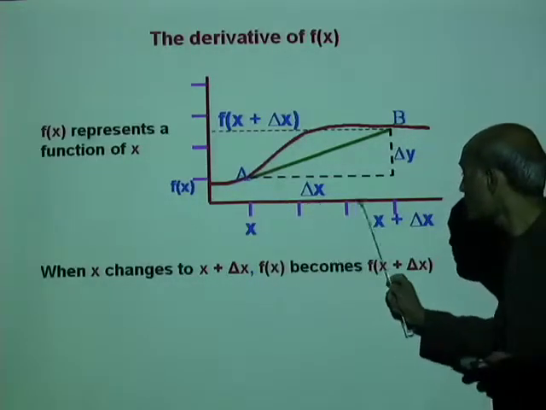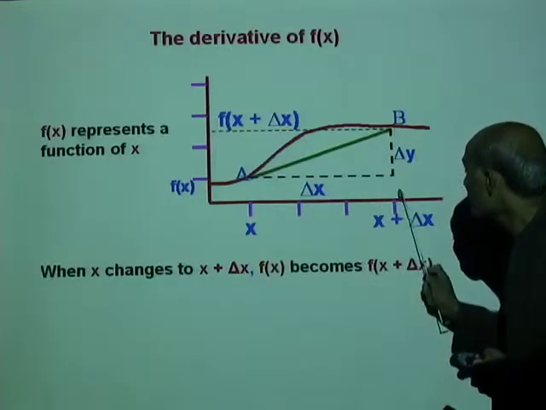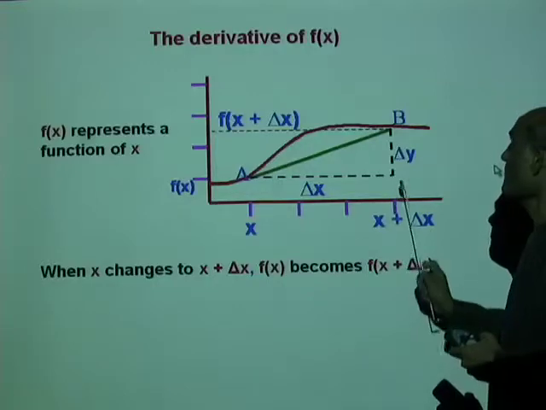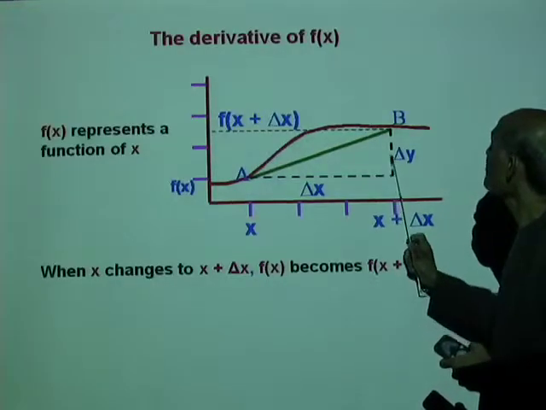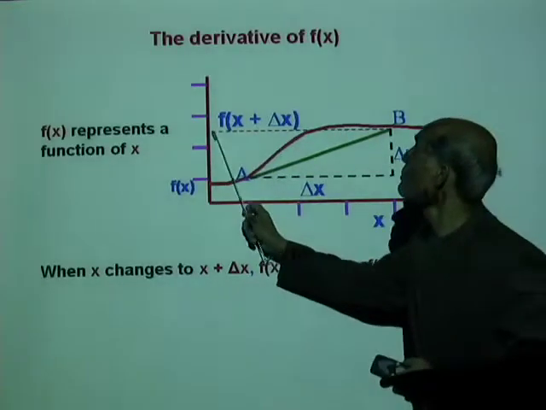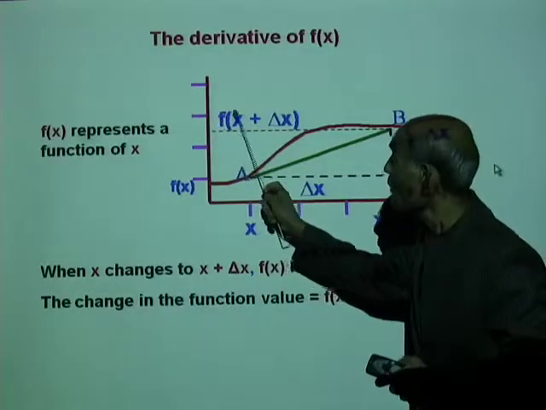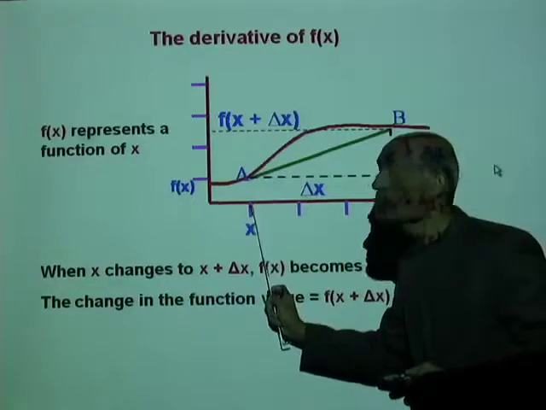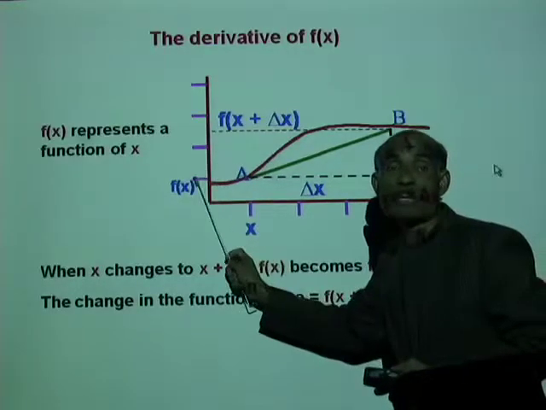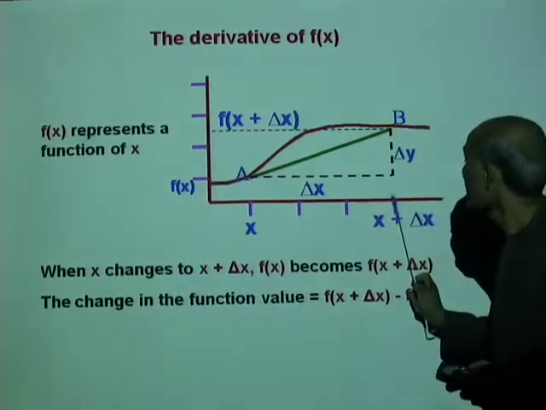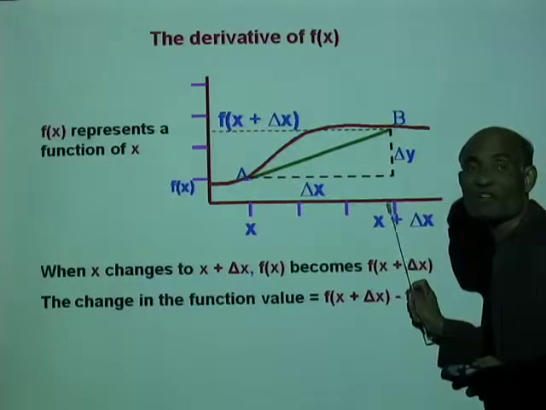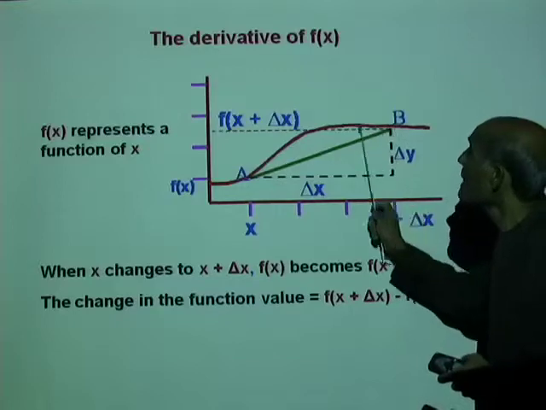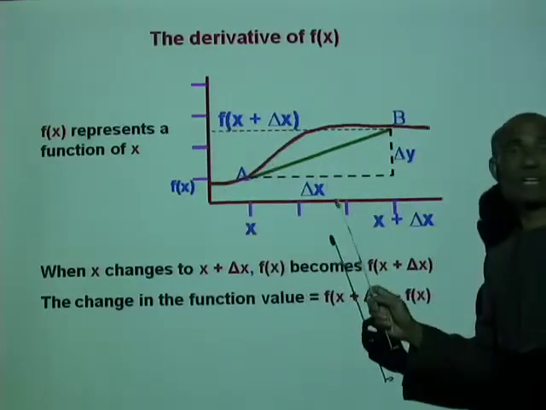So this interval is delta x, so that this input value is x plus delta x. Now when the input is x plus delta x, the output is f of x plus delta x. Have you understood that? When the input is x plus delta x, that means the input is now greater. The output becomes f of x plus delta x.